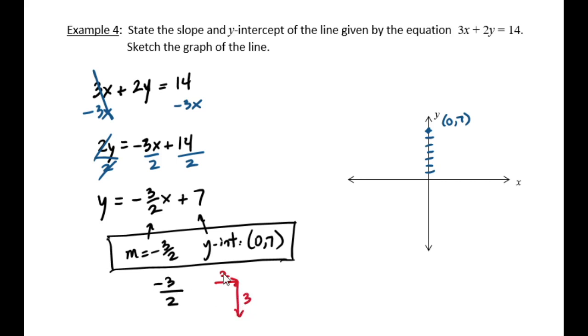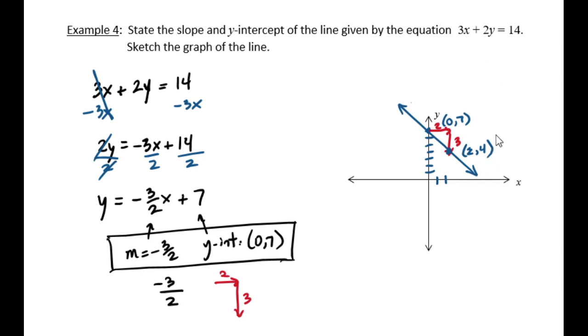And we'll apply this diagram to our ordered pair, 2 units to the right, 3 units down. This new ordered pair will have an x-coordinate of 0 plus 2 and a y-coordinate of 7 minus 3, or 4. So here's the line given by this equation.